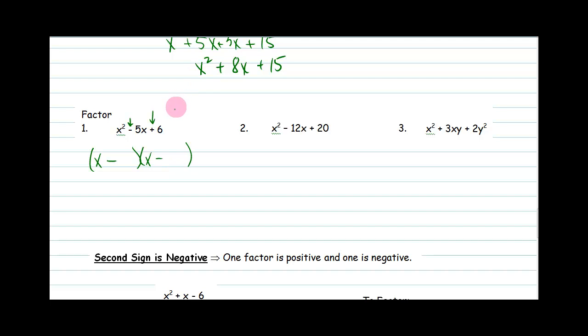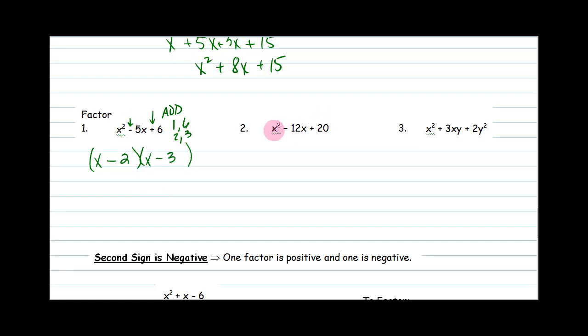Now I want to look at 6. What are the factors of 6 that are going to add to give me 5? Well, 1 and 6 don't add to give me 5, but 2 and 3 add to give me 5. I can check that by quickly saying the outer terms, minus 3x plus negative 2x, gives me negative 5x.